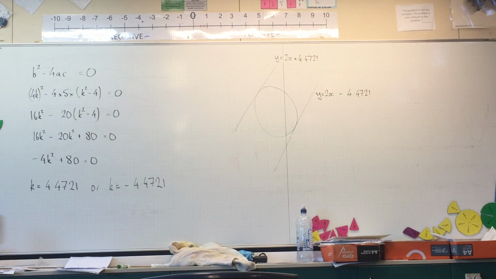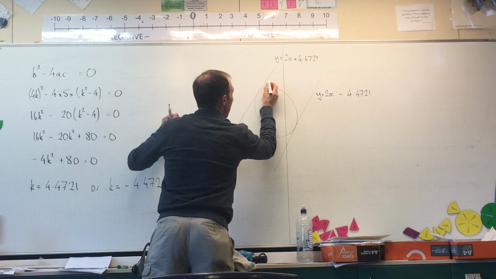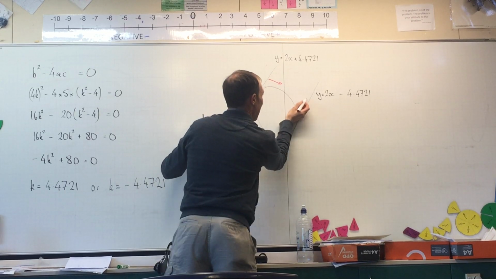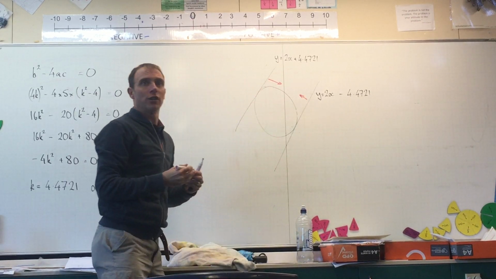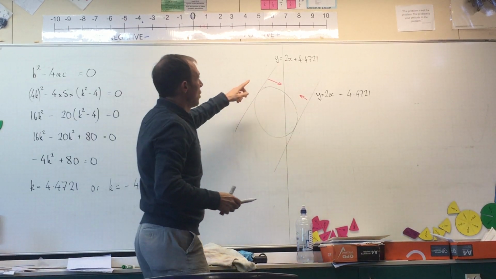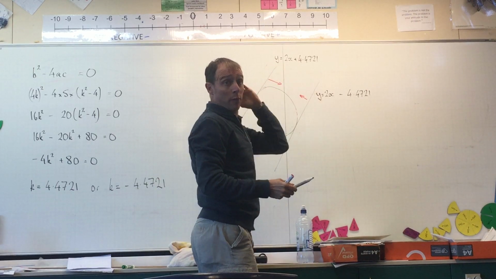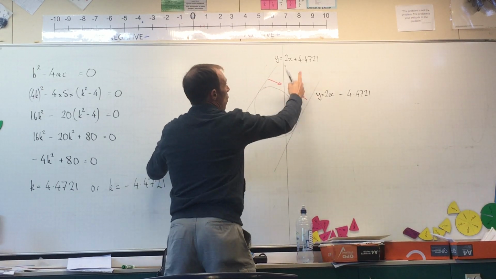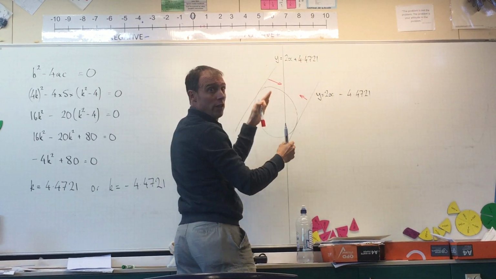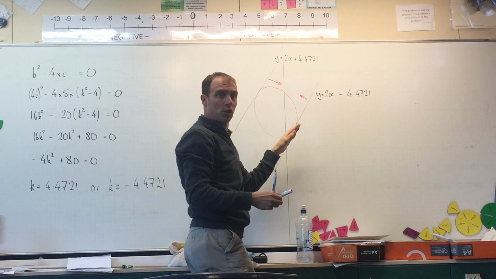So what that means is we want all the values on that side and that side, don't we? That's what we're looking for. Well, how do we get those? So we're looking for all the values where k is less than 4.4721, because that's the top side, but more than negative 4.4721, because that's the bottom side.